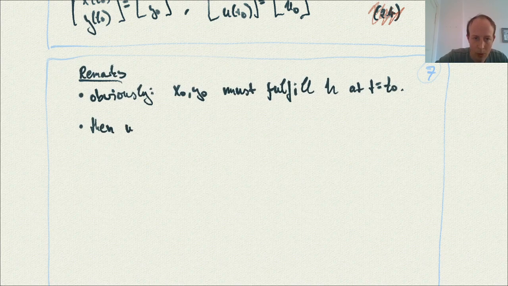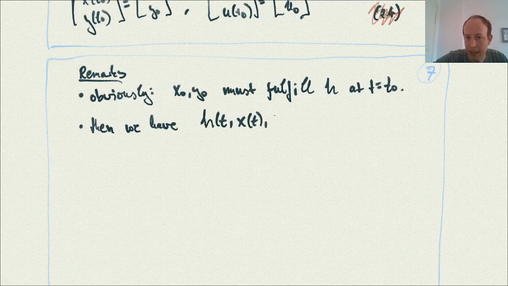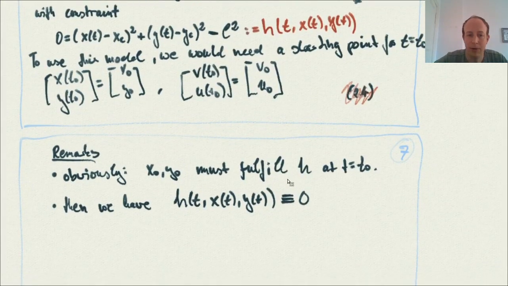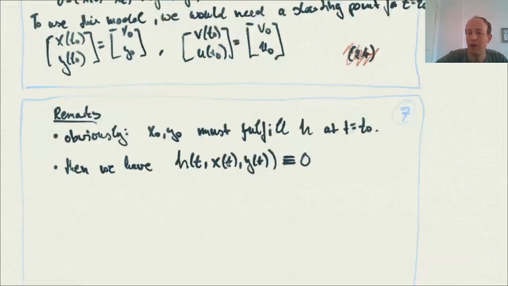Then by physical reasons, we have that h of t, x of t, y of t is 0 all the time. That's a constraint. If we have a solution, then this holds all the time.